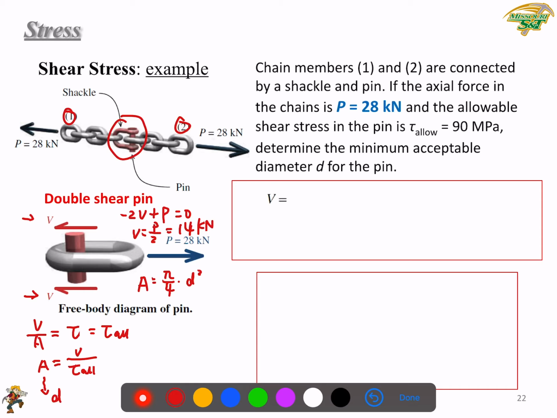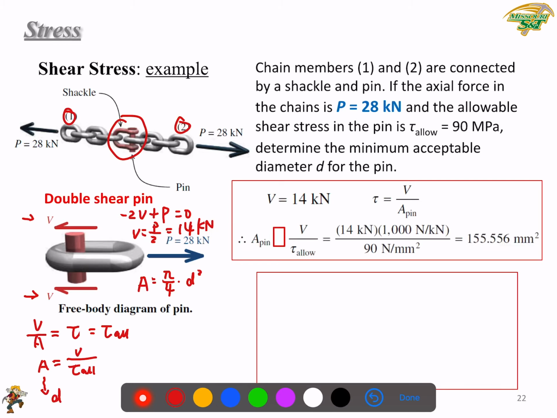As shown here, we derived that V equals 14, and we use this equation to derive the area. Is this the maximum area or minimum area that we should use? This should be the minimum area, right? The larger the area, the safer the pin and the connection will be.